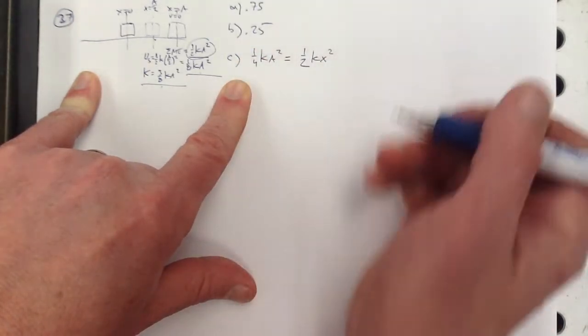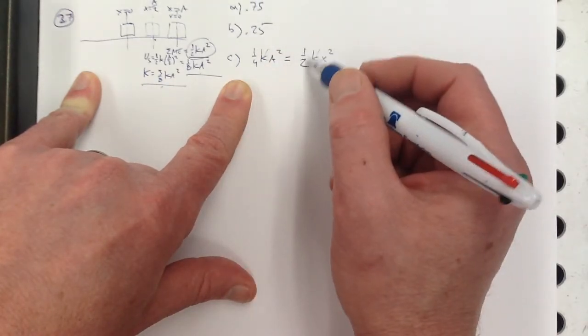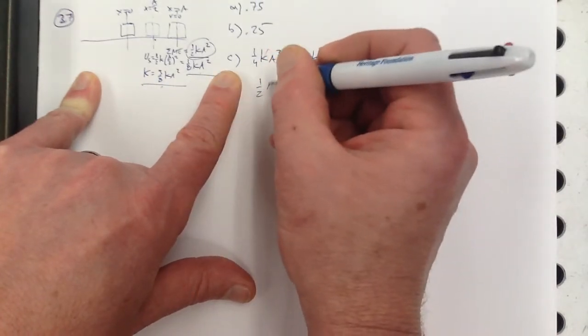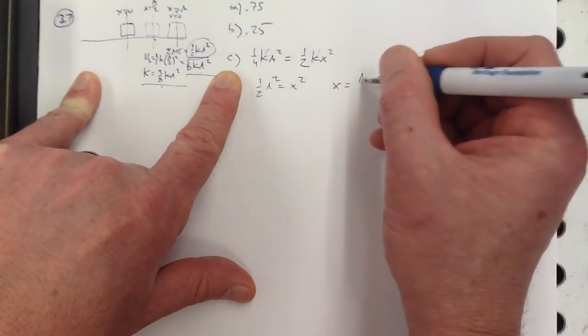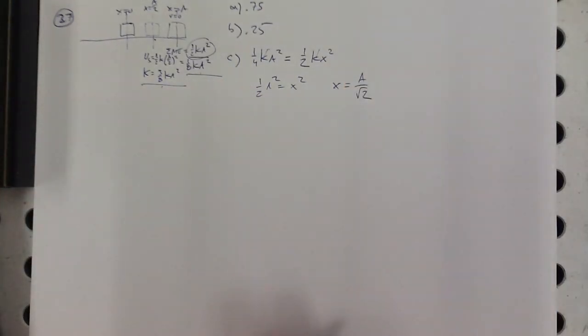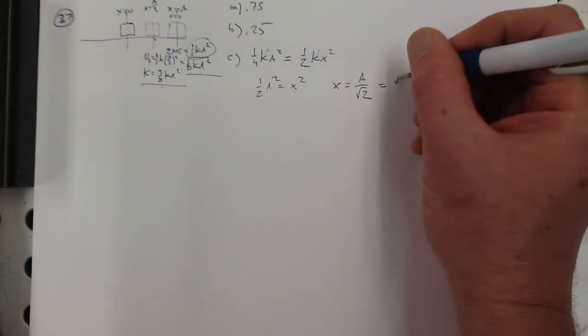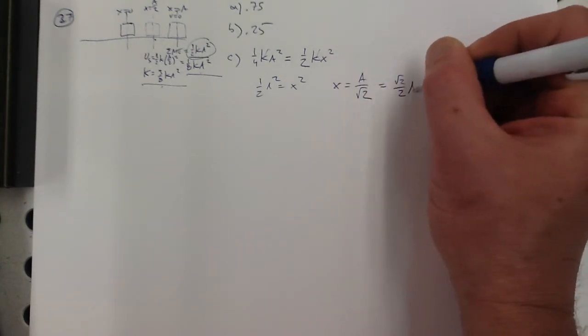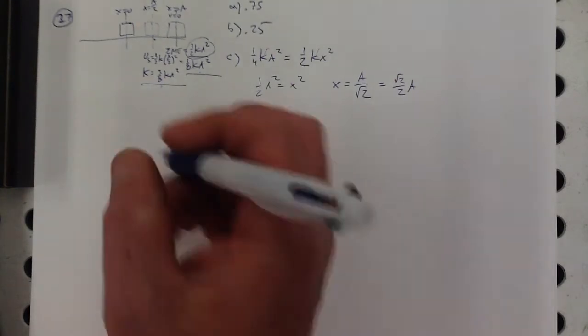So just doing a little bit of math here, the k's cancel out, the 1/2, so that's 1/2. So it'd be the amplitude divided by the square root of 2. Or if you don't like that, then square root of 2 over 2 times the amplitude. All right.